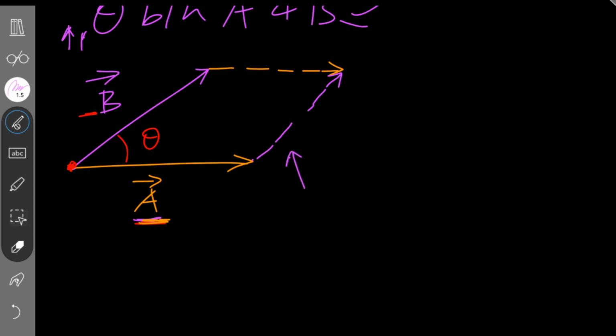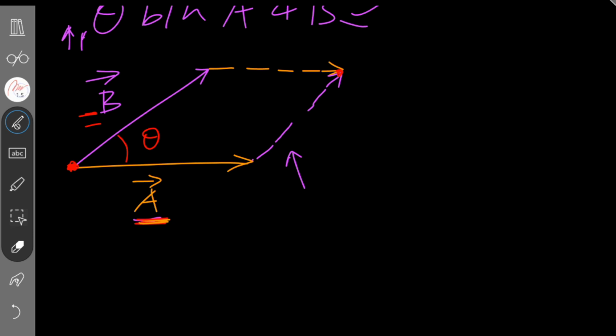The parallelogram law states that the resultant R of the two vectors A and B is the diagonal of the parallelogram, starting from this common point to this point.